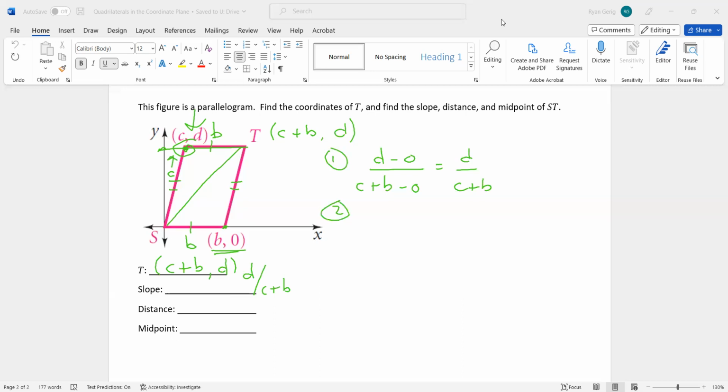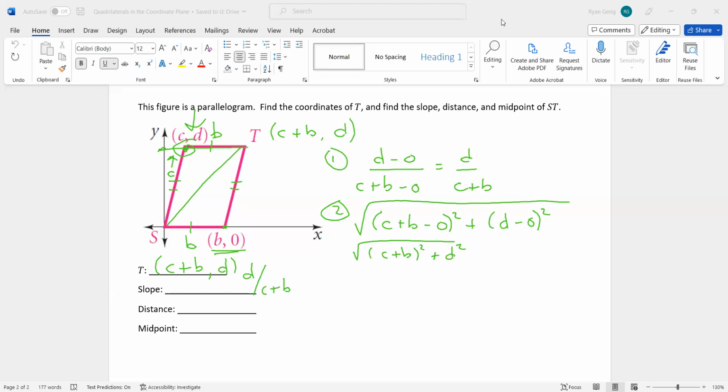Distance is even uglier. Distance is really ugly here, actually. x2, I'll just do c plus b first. Subtract 0, squared, plus d minus 0, squared. Well, that gives me c plus b squared plus d minus 0, which is d squared. Nice thing is I don't do anything with d.